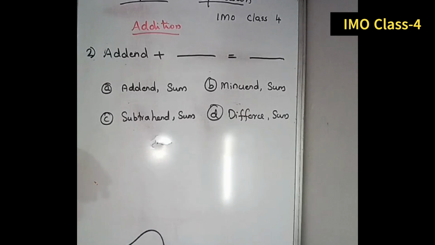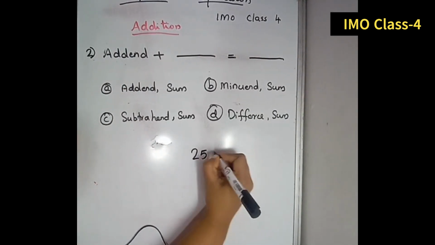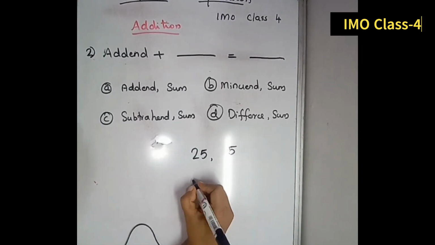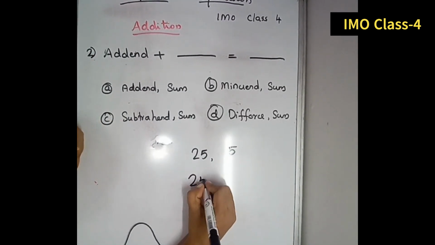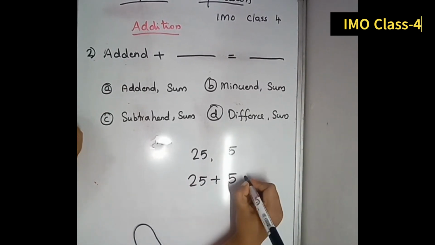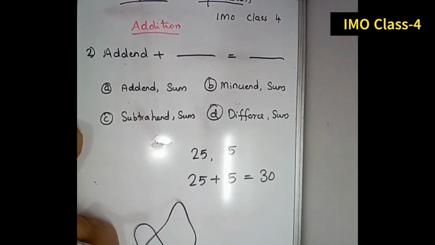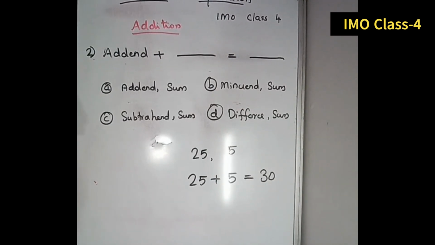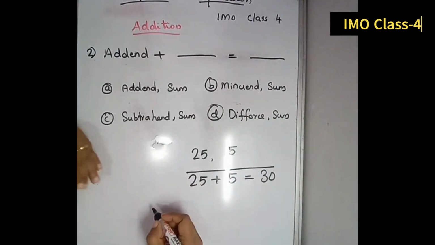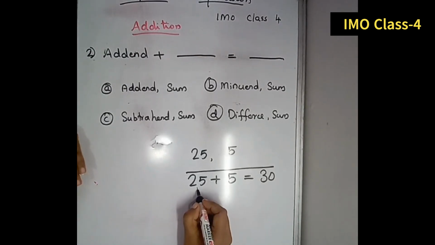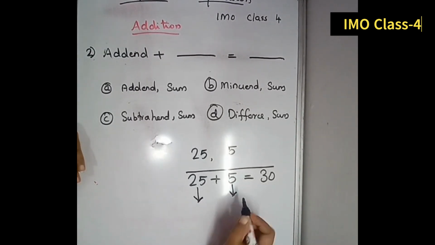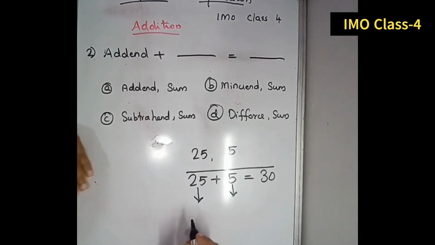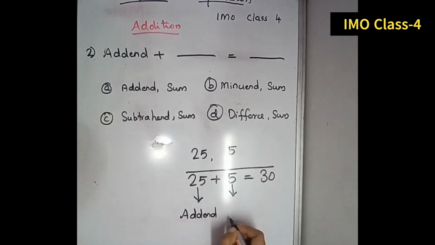Let's see. When we add 2 numbers, suppose the numbers are 25 and 5. When we add this, 25 plus 5 is equal to 30. This will be our equation. So the terminologies used in this equation, or in addition, are these: the 2 numbers which we add, 25 and 5, are called addend, A-D-D-E-N-D.